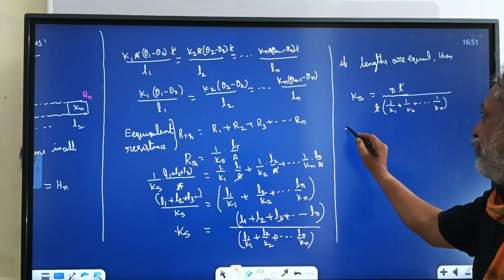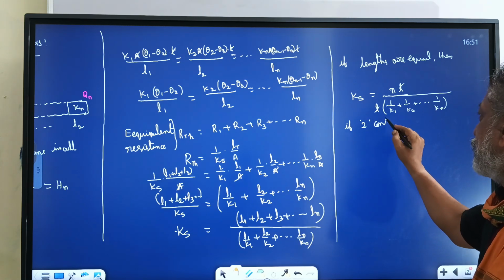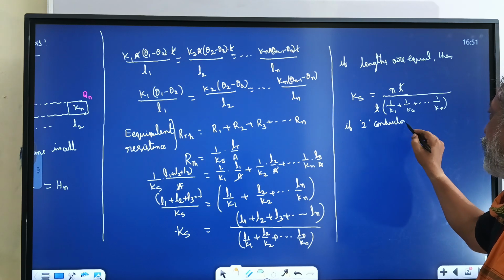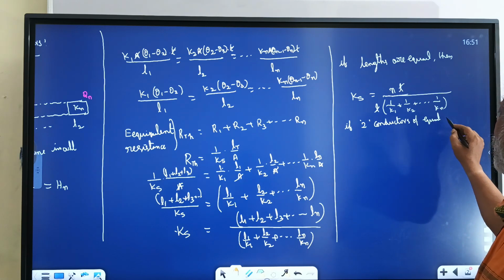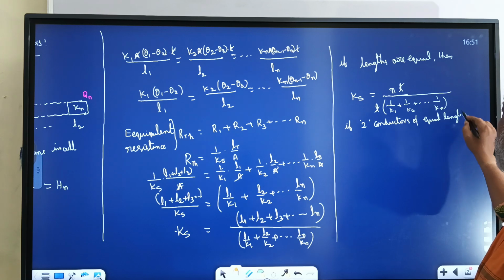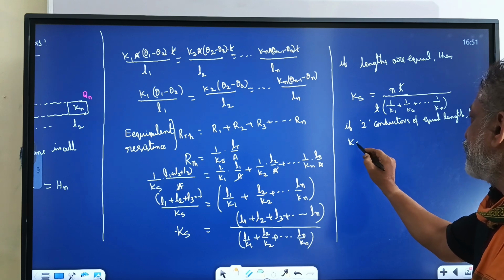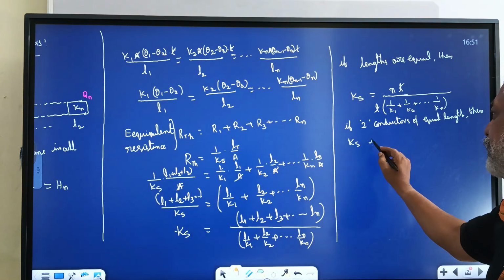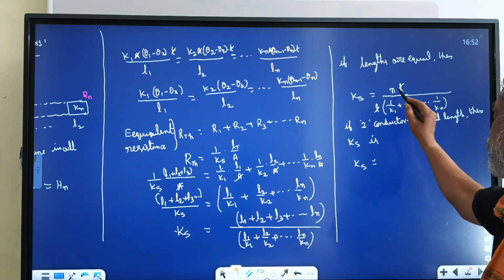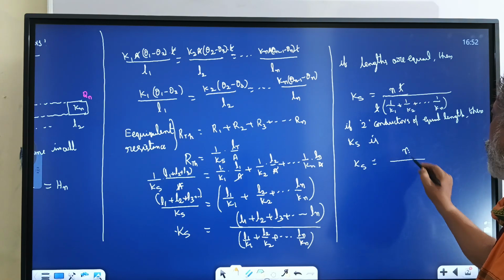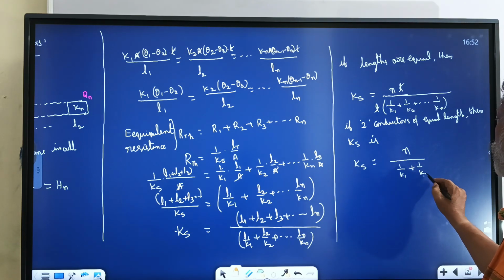Now suppose two conductors of equal length, then Ks, the thermal conductivity in series, is what? Ks is equal to n, which is 2, divided by 1 by K1 plus 1 by K2.